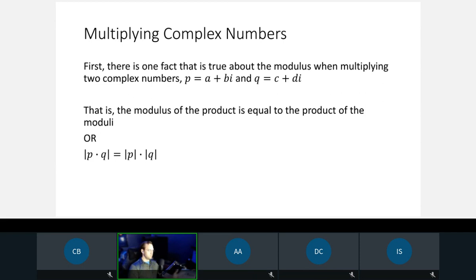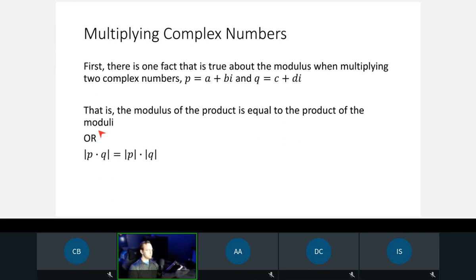P equals A plus BI and Q equals C plus DI. That is, the modulus of the product is equal to the product of the moduli. In simpler math words, because I think this is why I don't like English or geometry, it's very wordy, but with math I can just sum it up with this formula.